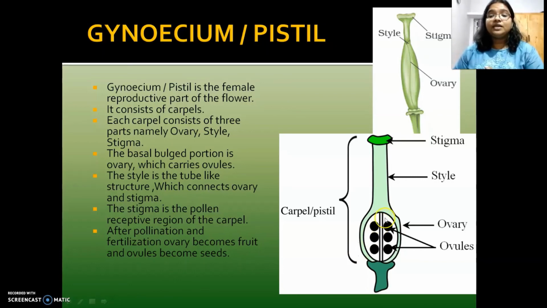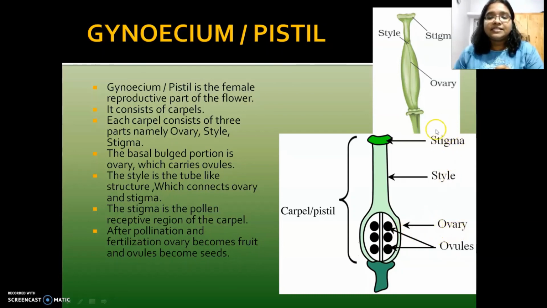I told you in case of ovary, numerous ovules are present. And in each ovule, you could see the presence of the female sex cell, that is egg. So after the process of fertilization, the ovules are converted into seeds and the ovary is transformed into fruit.